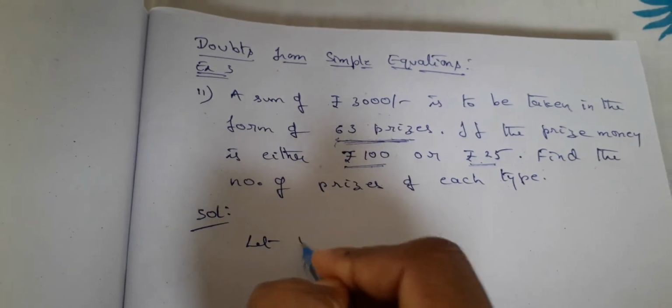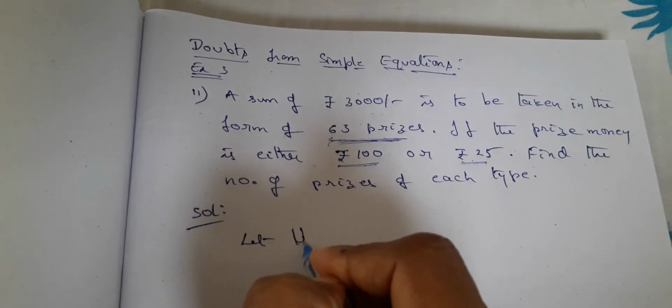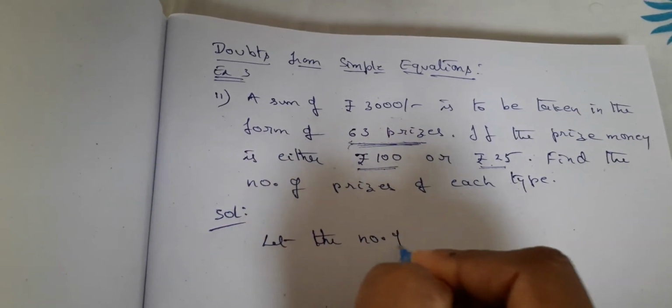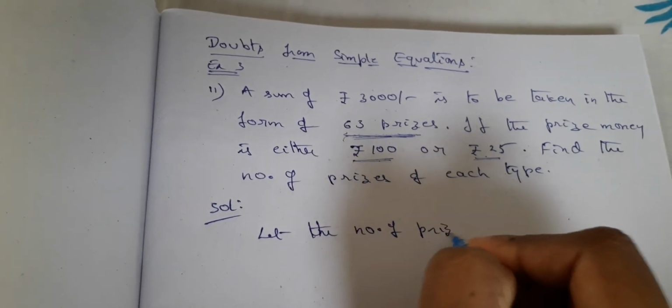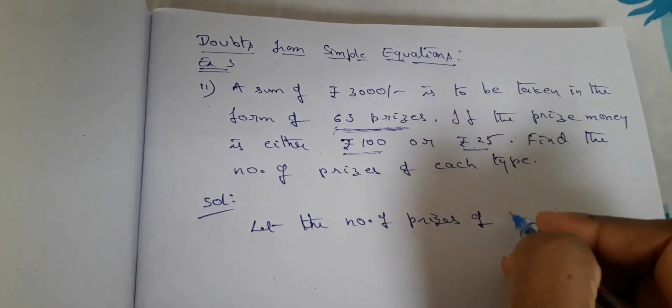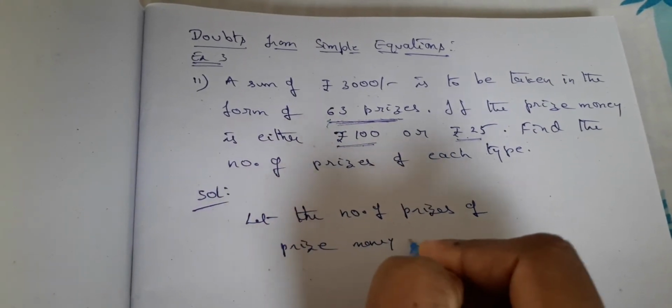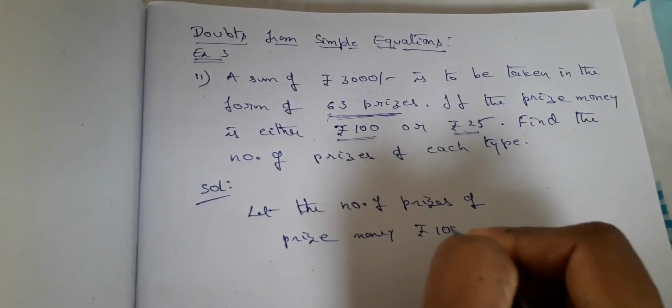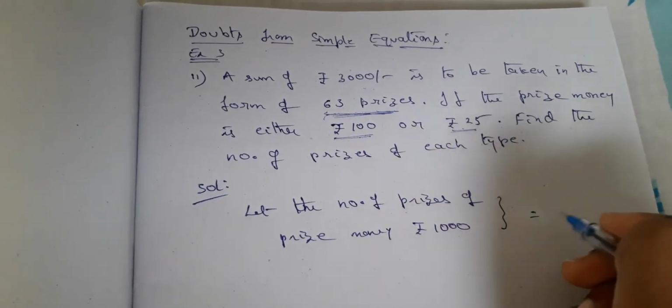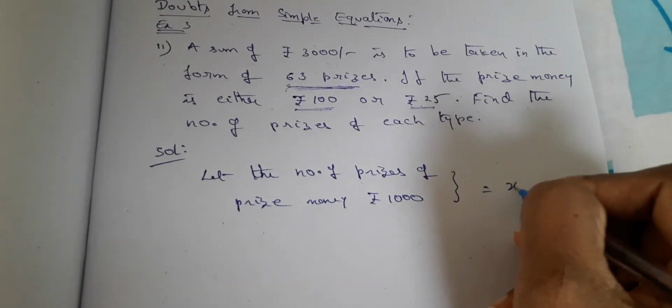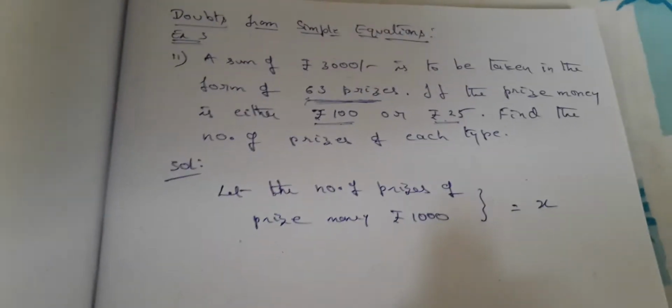So now let the number of prizes of prize money rupees 100 be x. So now how many are done?